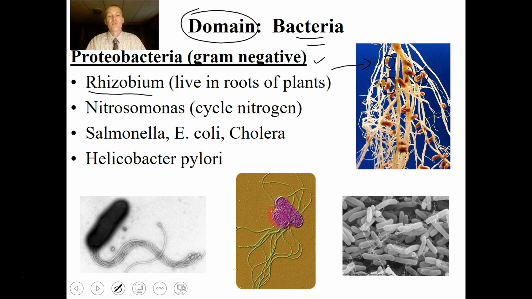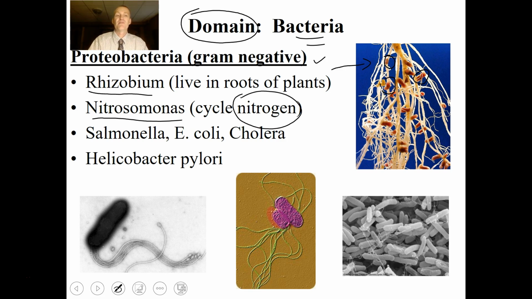What the rhizobium does is it lives in those roots, and it provides nitrogen for the plants, and the plants provide a home and food for the bacterium. So that's a mutualistic relationship between those organisms. Nitrosomonas are bacteria that live in soil, and they are basically part of the nitrogen cycle. They recycle nitrogen and bring nitrogen into the soil so that plants can grow and that we can kill plants and eat plants and survive.